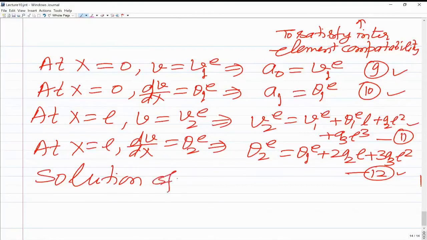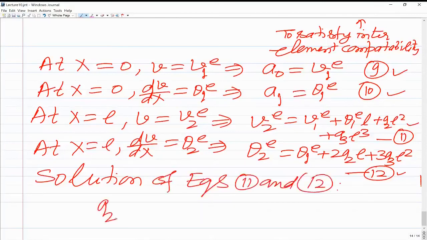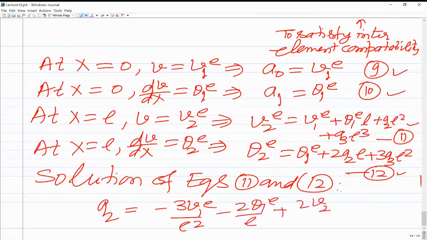So the solution of equations 11 and 12 will give you a2 equal to minus 3v1e by l square minus 2 theta 1e by l plus 3v2e by l square minus theta 2e by l.